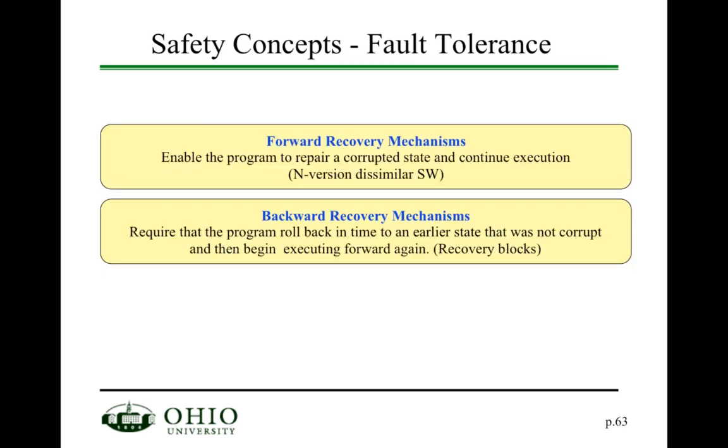N version dissimilar software is an example of what we refer to as forward recovery mechanisms. You enable the program to repair a corrupted state because you have backup running, but you also have backward recovery mechanisms. The example is recovery blocks. Your primary fails, you start up your backup, your secondary, and then you roll it back in time to the point at which there was no problem.